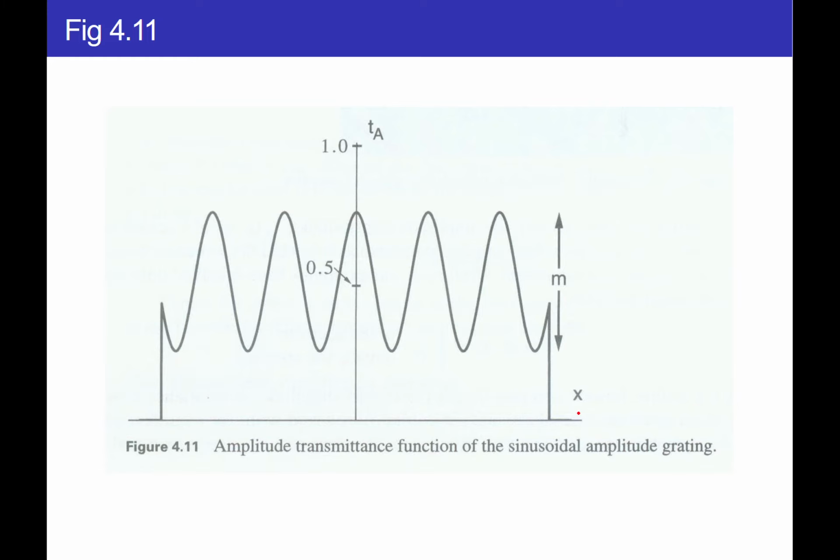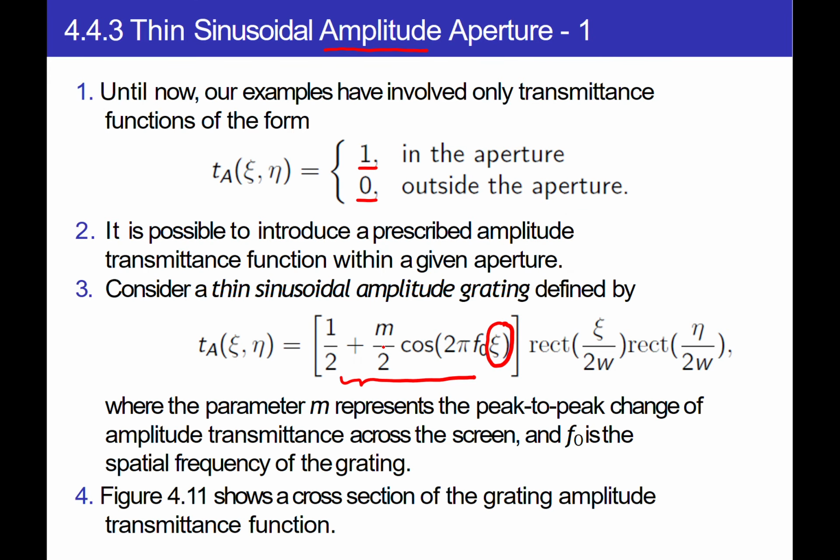So actually, this is the horizontal axis. And as m gets to 1, then we have a full modulation. And if m is small, then it is a slight modulation. Okay.